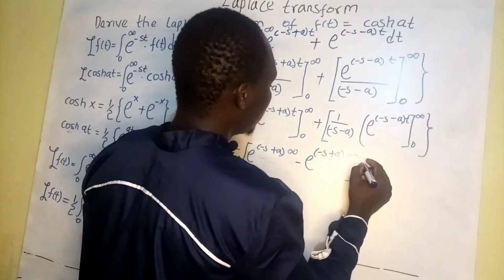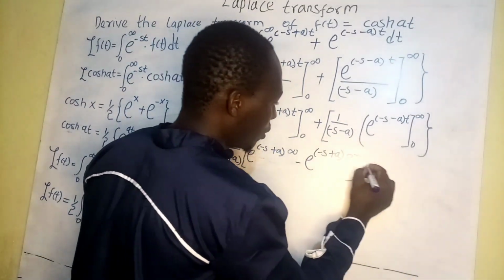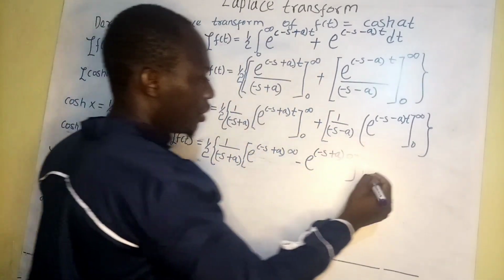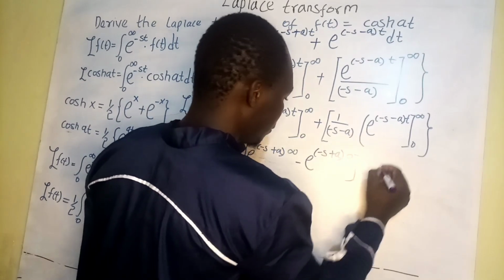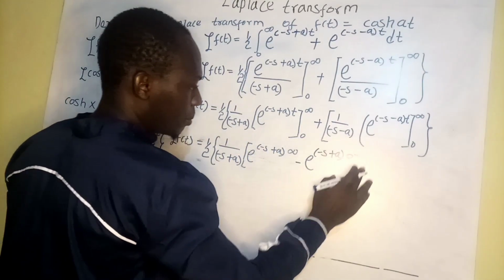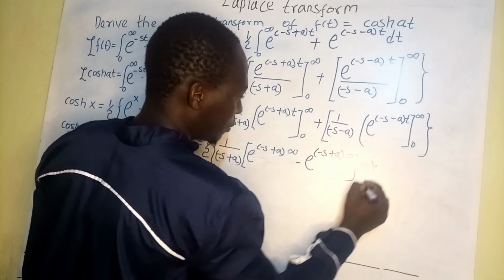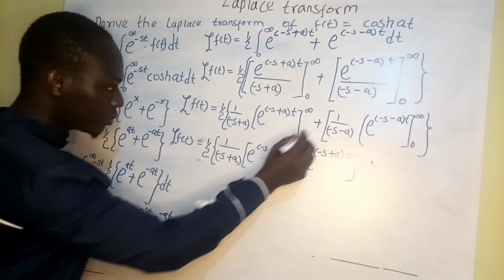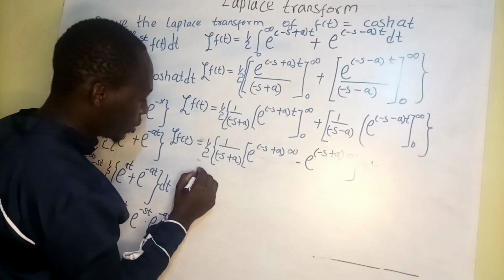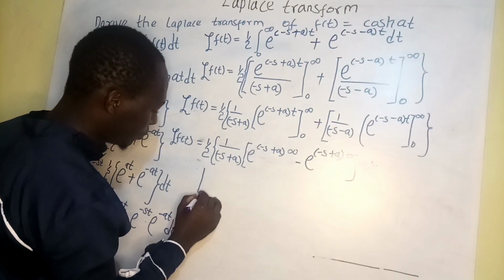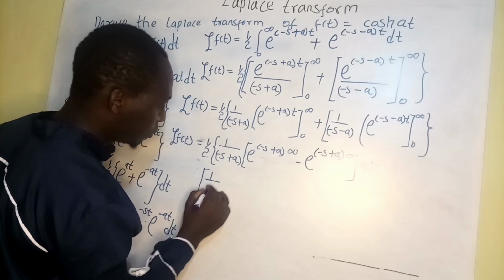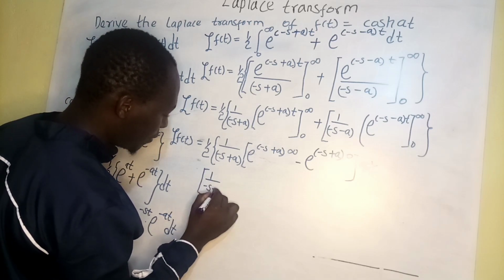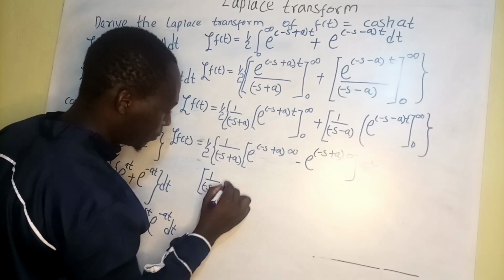Let us now get into the other side whereby we are going to add 2. Here we are going to have, let me come and write it somewhere here. Here now we are going to have negative s we subtract from a.